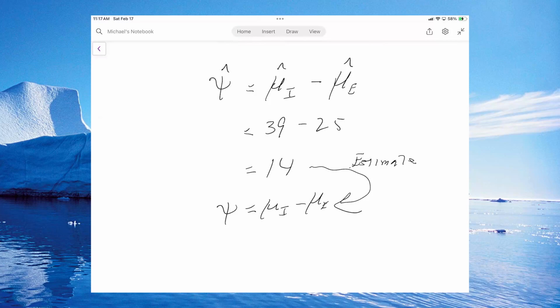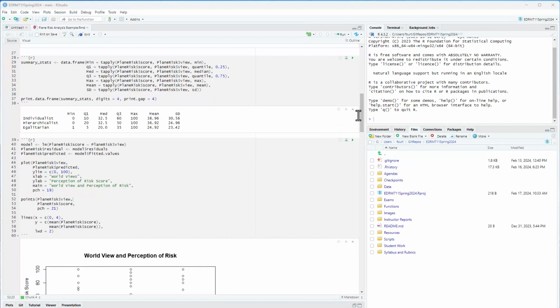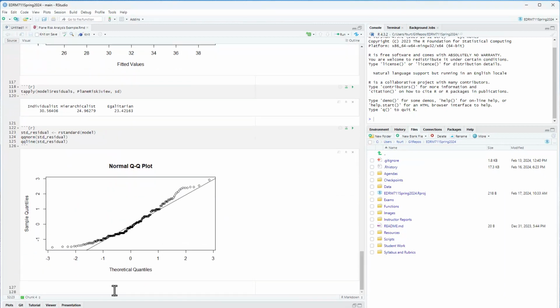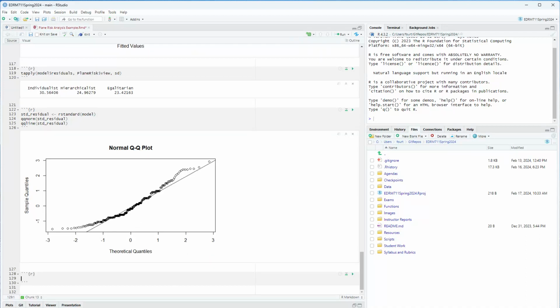Let's do that within the R notebook. So let's scroll down here. Let me go ahead and just put in a code chunk. And I'm going to use our real quick way of getting all the means. We've already calculated them up above, but let's just go ahead and look at them again.